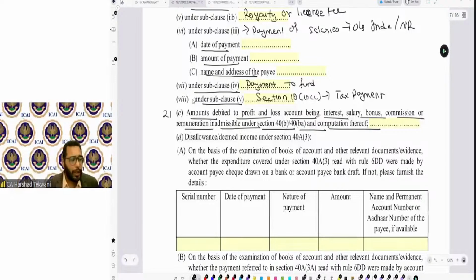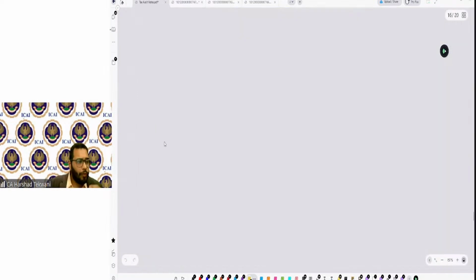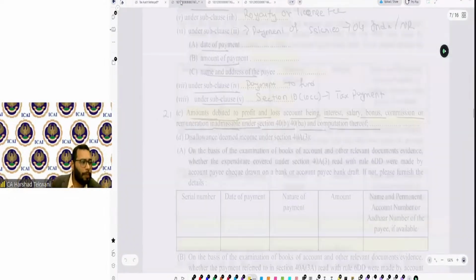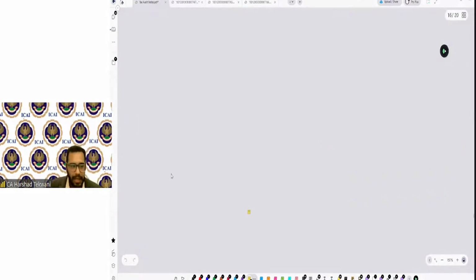So there are two things: one, the amount debited, and second, the same is inadmissible. These are the two things we need to focus on here: inadmissible and amount debited to P&L. So we are not required to report the total amount. We are only required to report the inadmissible portion of the amount paid. That is 21C.